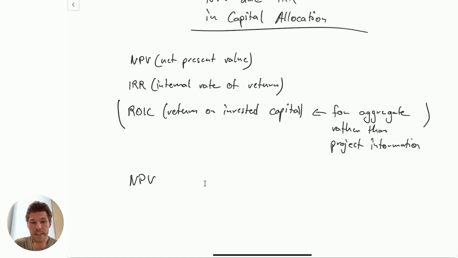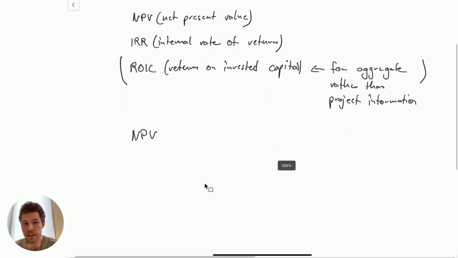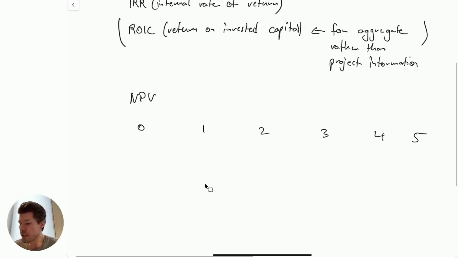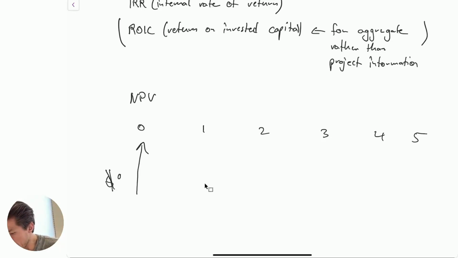So what does it mean? It means, for example, if you have a few years, year 0, year 1, year 2, year 3, year 4, and year 5, you invest money, cash goes out, because you invest in a production machine or a project, or you invest in another company.